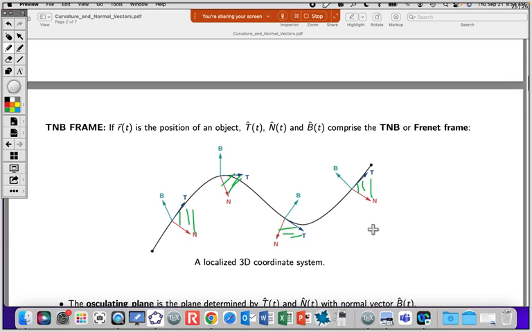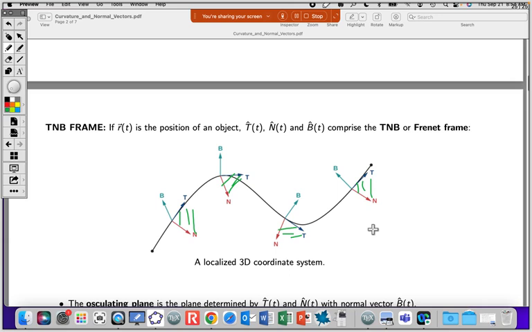So you can think of B as being the direction of the plane. So if I want to figure out how that plane is twisting through space, we can measure that twisting by looking at the derivative of B hat. Does that make sense? So you've got this right-handed system.